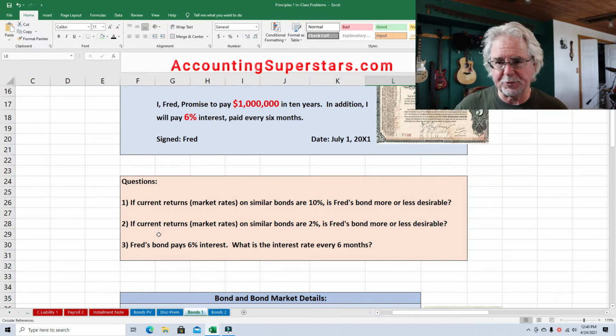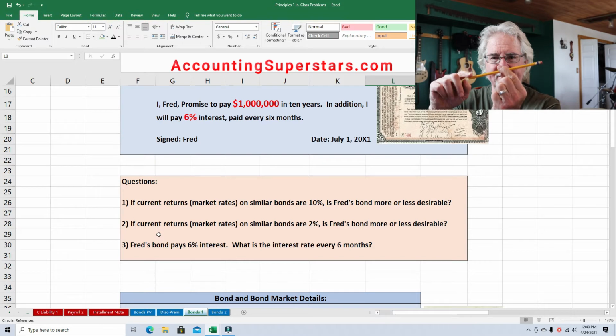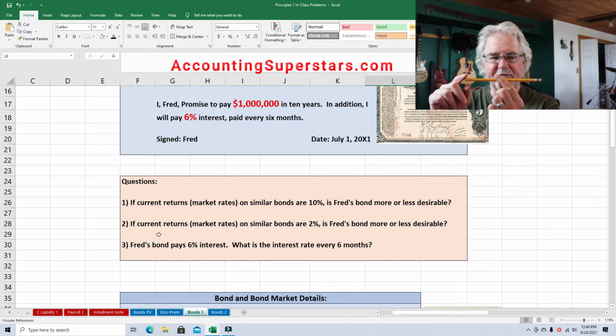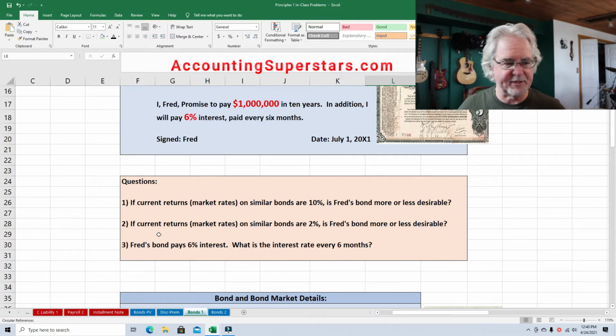So what bonds will investors gravitate towards? So use the pencil again. If market rates are dropping, what's happening to the eraser? The eraser is going up, all right? That eraser is the dollar value of Fred's bonds. So when interest rates are dropping, the dollar value of Fred's bonds goes up. And it always works this way, always, 100% of the time.